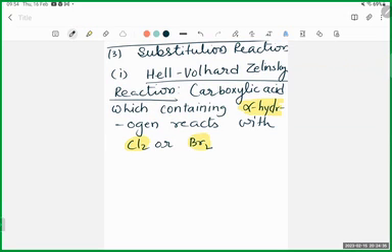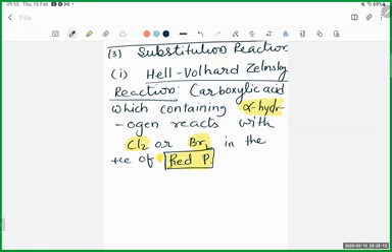And this happens in the presence of, how do you identify, red phosphorus. So this is the key actually. This reaction is always given in equation form and you are asked to complete the reaction or identify the name of the reaction. So remember, carboxylic acid we can identify, alpha hydrogen also we can identify, the reagents also you can identify, but the third point which is very specific is red phosphorus, it is not common with all.